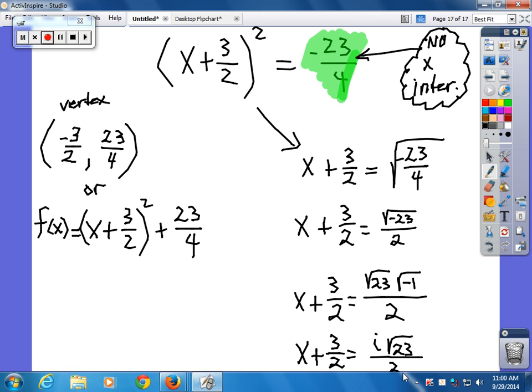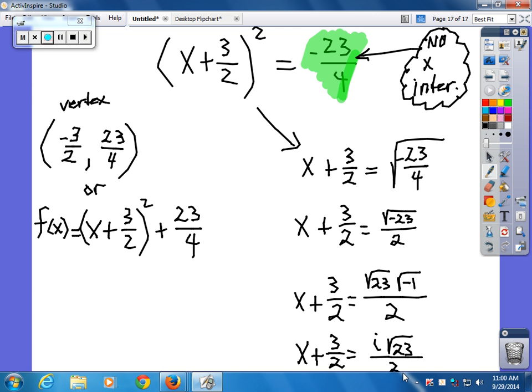does completing the square give you? It gives you the what? The x-intercepts, right? Do I need the x-intercepts here? Why? Because you don't have any. Okay? You don't have any. So what's the use in finding them if you don't have any? You don't need to.